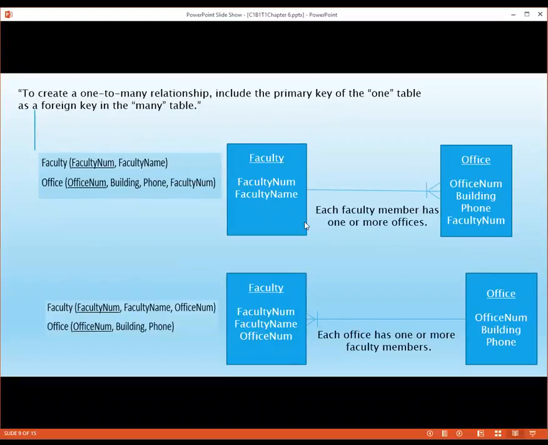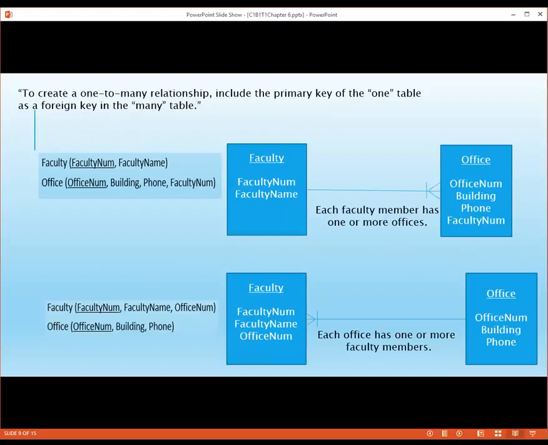So what I'm saying is each faculty member has 1 or more offices. In the other situation down here, my database design says, by putting office number as the foreign key in the faculty table, I am saying each office has one or more faculty members.